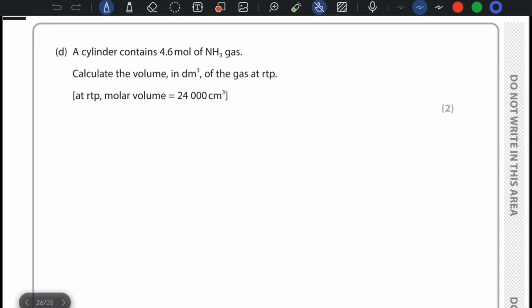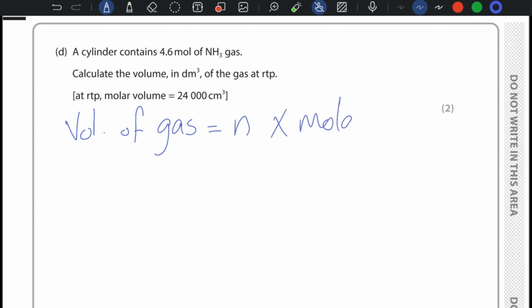A cylinder contains 4.6 moles of ammonia gas. Calculate the volume in cubic decimeters of gas at room temperature and pressure. Volume of gas is equal to number of moles multiplied by molar volume. But take care, he wants the volume in cubic decimeters and he gives the molar volume in cubic centimeters.